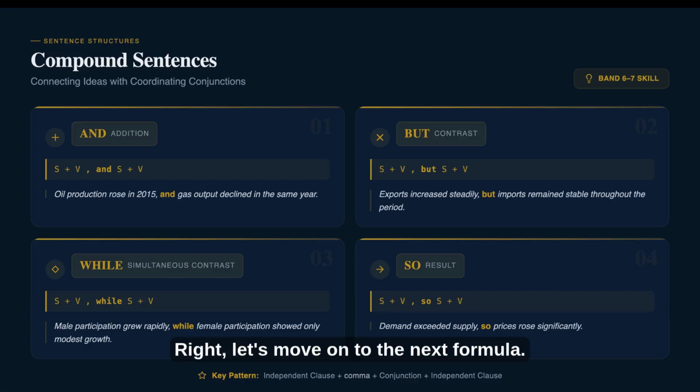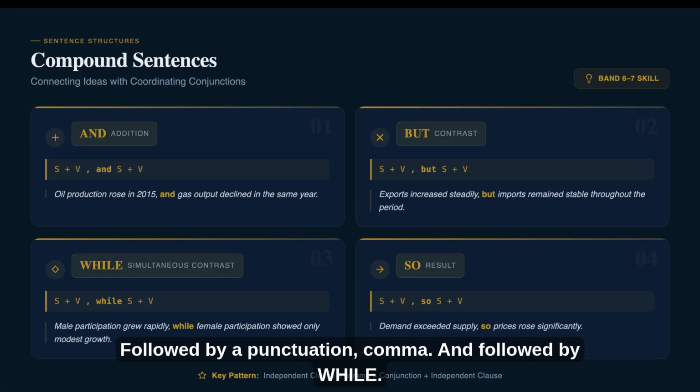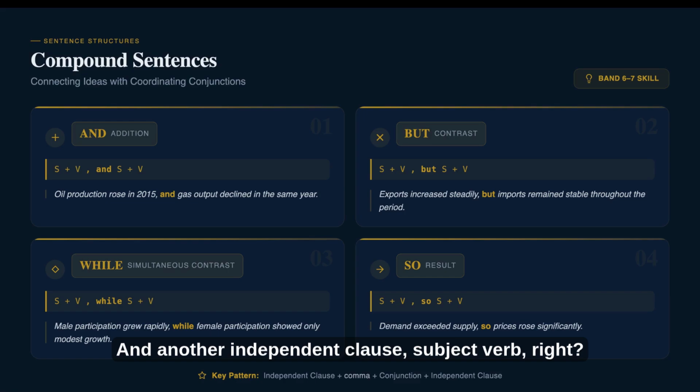Right, let's move on to the next formula. "While" is used for expressing a simultaneous contrast. So we have the first independent clause followed by a comma, and followed by "while", and another independent clause, subject verb, right?